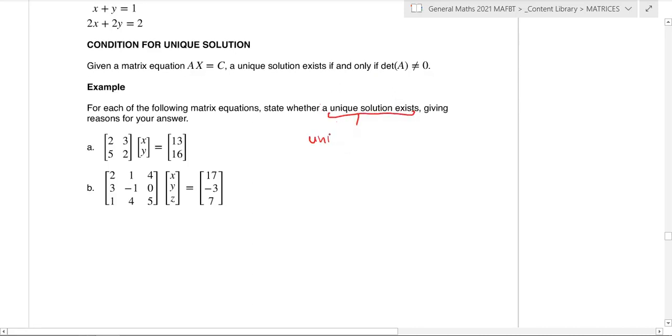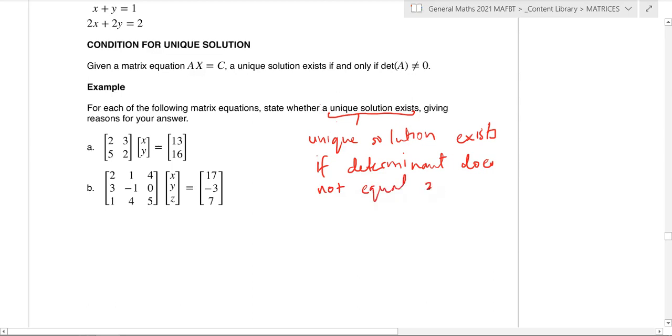Unique solution exists if determinant does not equal 0. And I think that is set up there. Okay. Yeah, it's already up there. Okay. So that means if your determinant is 0, then there is no solution.